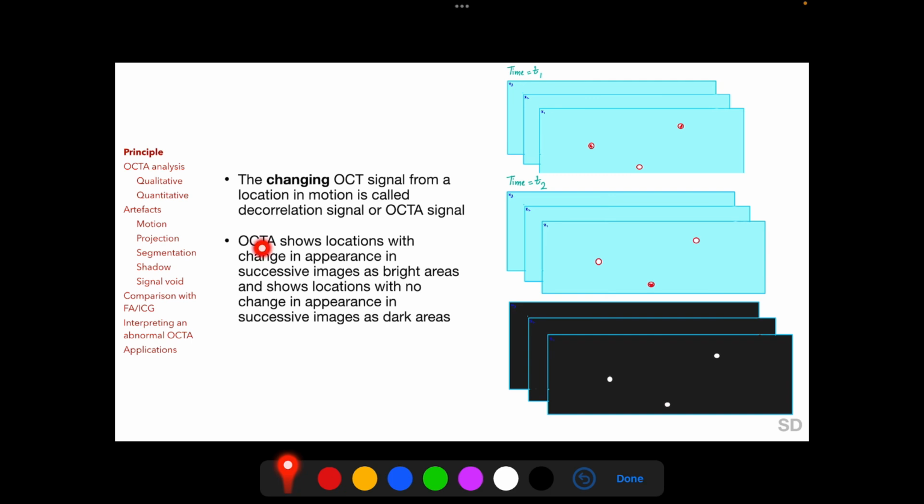So OCTA detects and analyzes this change in the nature of the reflected OCT signal from each location and shows locations with change in successive OCT B-scan images, such as blood vessels with flowing RBCs, as bright areas, and locations with no change in the reflected OCT signal in successive B-scan images over time, such as the neural retinal tissue, as dark areas, and this is very important to remember.